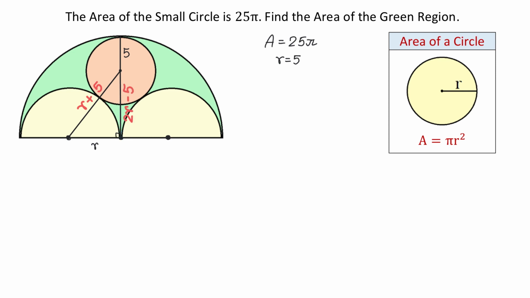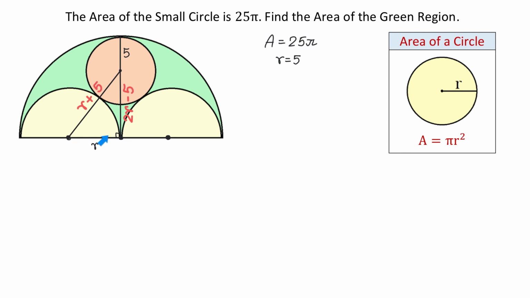And that is because if the radius of the yellow semicircle is r, then the radius of the large semicircle is 2r. So this line segment is the radius of the large semicircle and it is 2r, and to find the right side of this triangle we need to subtract 5. Now in this right triangle, let's apply the Pythagorean theorem.